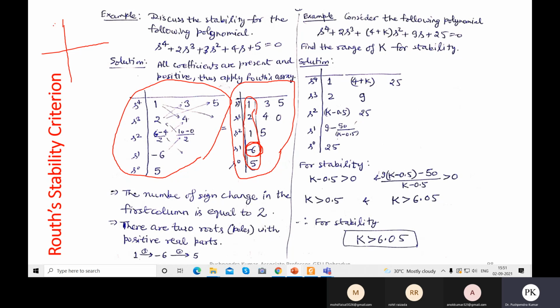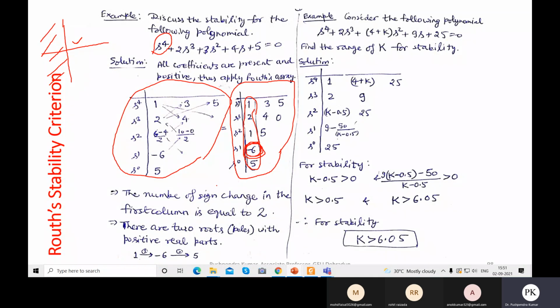If all the roots are on the left-hand side, the system is always stable. But from the calculation of Routh's criteria, we found that one term is negative, which means the system is unstable, and there are some roots on the right side. So how do you calculate how many roots are on the right side? Because it is a fourth order equation, there will be four roots.